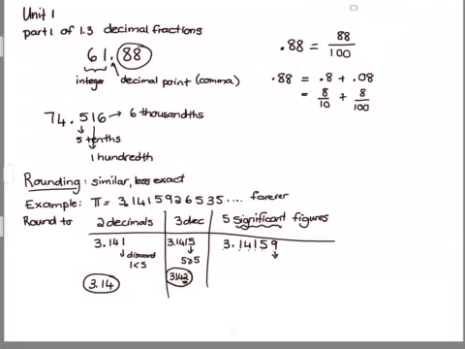You look at this last one. It is greater than a 5. That means my last man standing gets 1 bigger. So the last remaining one never gets smaller. It either stays the same or it gets 1 bigger.